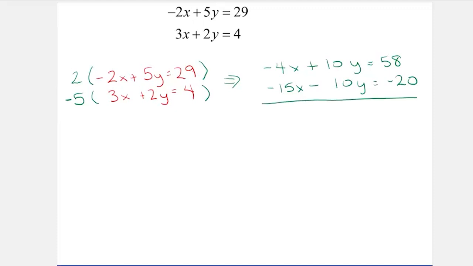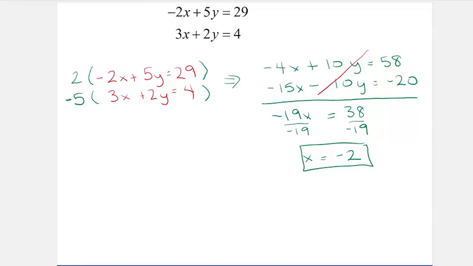Then when I add these together, again, now the y's cancel, so I'm eliminating y. And I get minus 19x equals, and then 58 minus 20 is 38. I divide both sides by minus 19. And I get x equals negative 2, which is exactly what I got before.